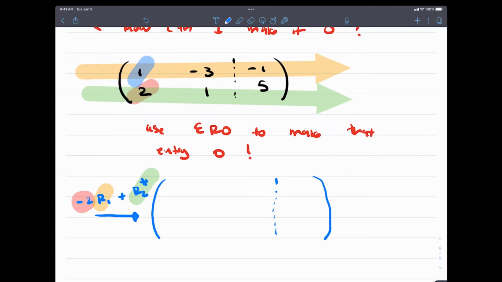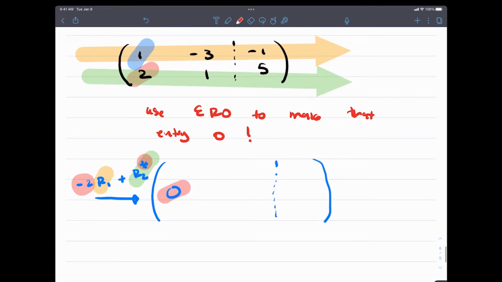I just said -2 times row 1, add it with row 2. You just had this yesterday. You get 0. Isn't that what we're trying to do? Yes, because you put the answer in row 2. Ladies and gentlemen, you get 0. Is that pretty good? Yes, it is pretty good.